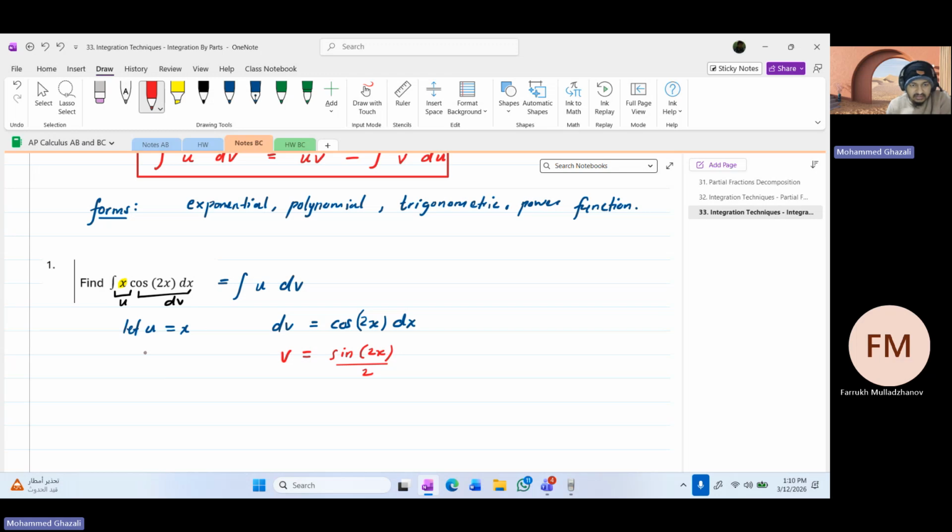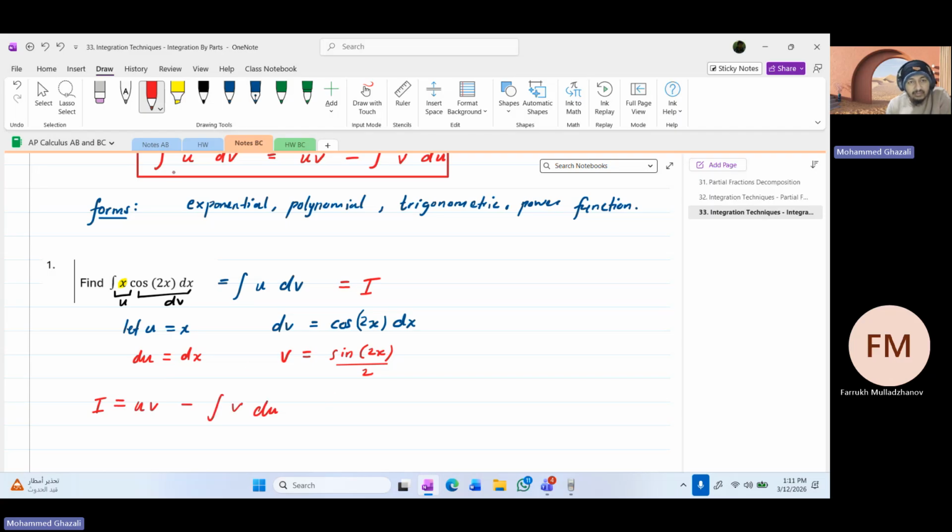Let u equal x, so du equals dx. So what was the formula? The integral of u dv. Let me call this the integral. So the integral is now equal to uv minus the integral of v du.